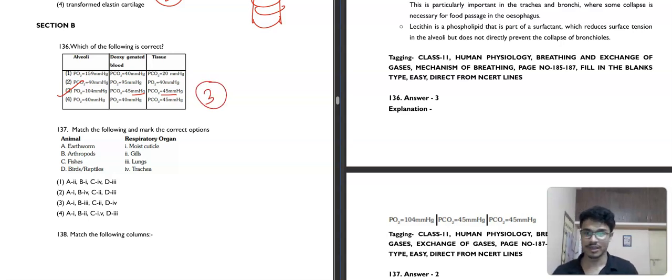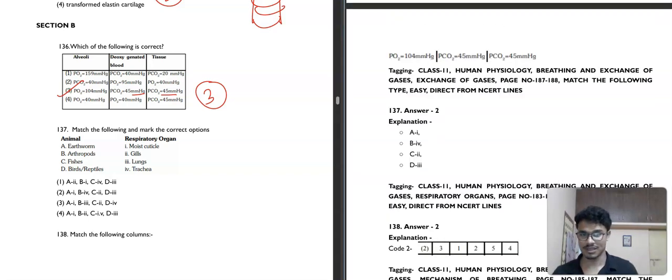Then match the following and mark the correct option. Some organisms are given. So earthworm will be matched with moist cuticle respiratory organ. Arthropod will be matched with trachea, especially for aquatic arthropods. Air enters through spiracle, then it enters into the trachea.